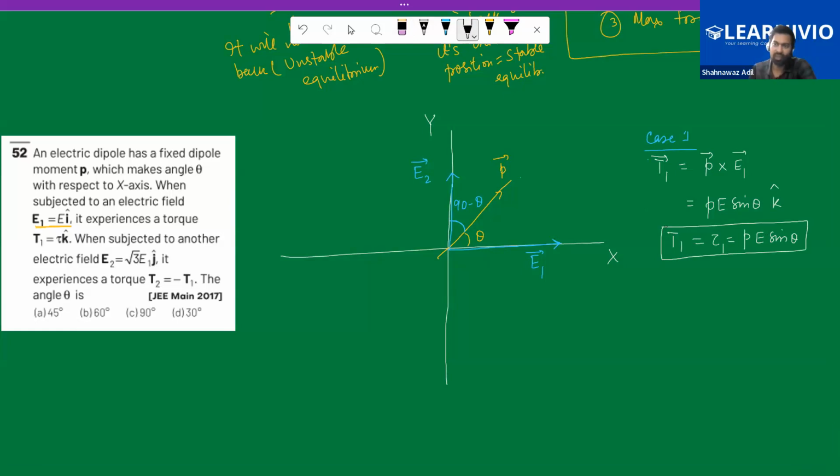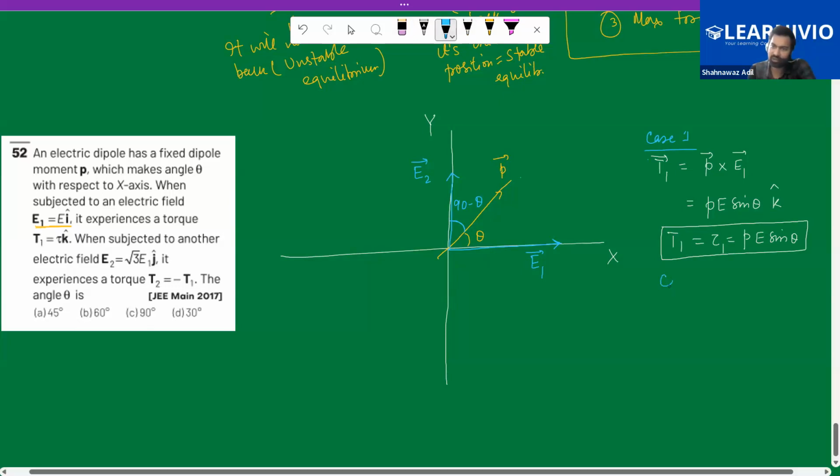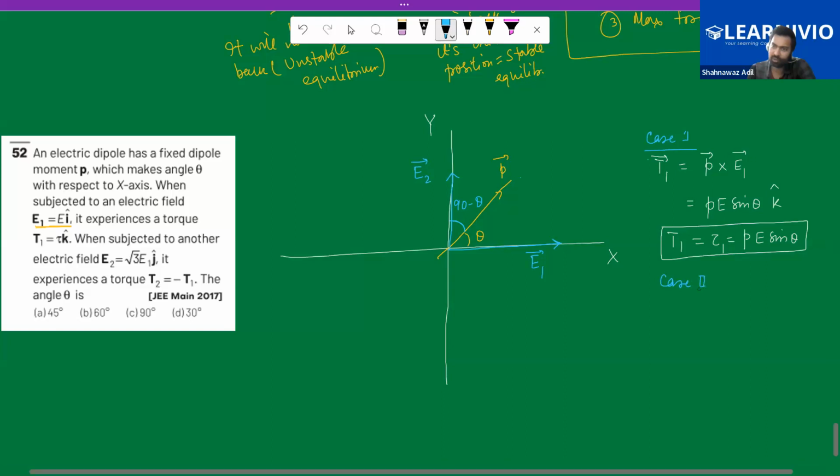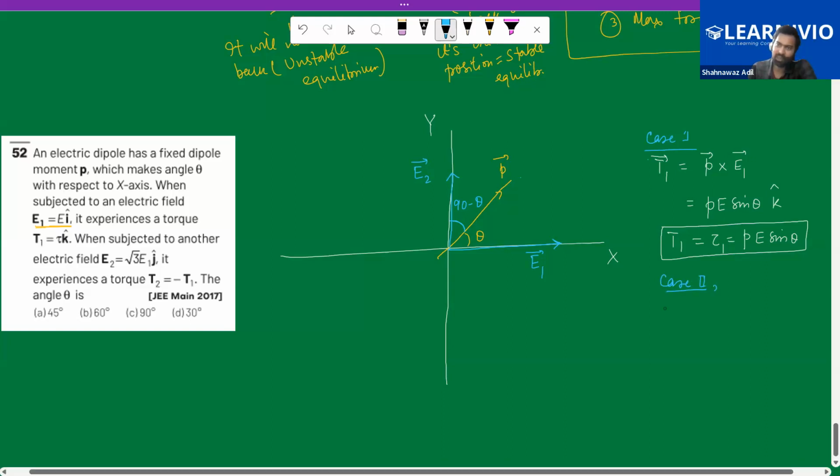Now we have the second case. In this new case, the torque is equal to P cross E2. So this would be the magnitude of P, the magnitude of E2, and then the sine of the angle.